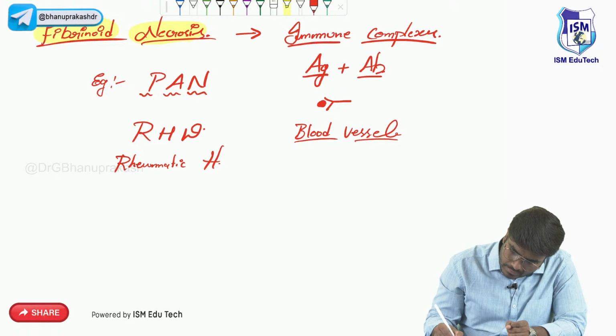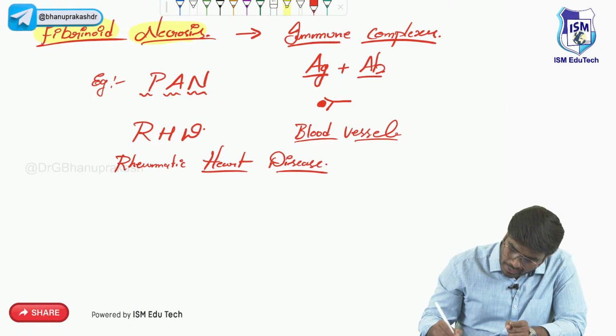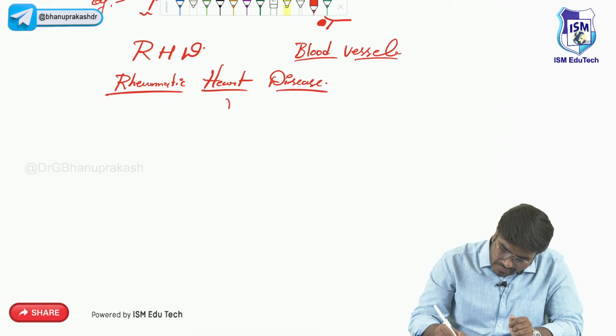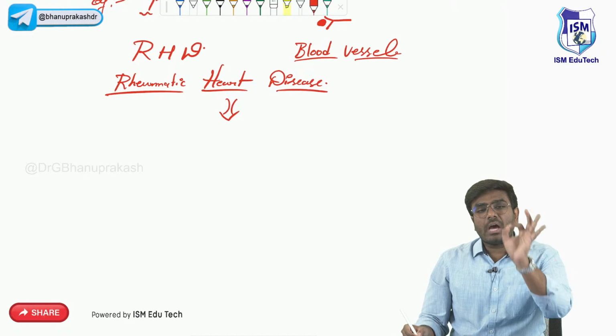Rheumatic heart disease, they repeatedly ask the question. In rheumatic heart disease, you have characteristic pathological hallmark bodies.